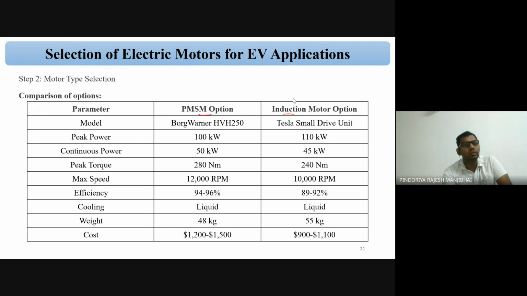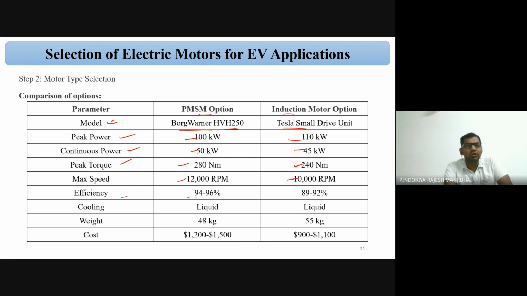So from these two motors, which motor should we consider? Suppose we consider the model Bong One NV250, this is the manufacturer of the motor, and the second one is the Tesla small drive unit. Correct. So peak power is 100 kilowatt and 110 kilowatt. Continuous power 50 kilowatt and 45 kilowatt. Peak torque 280 Newton meters, and the induction motor 240 Newton meters. Maximum speed 1200 RPM, and here 10,000 RPM.